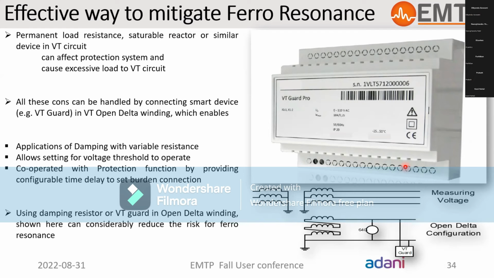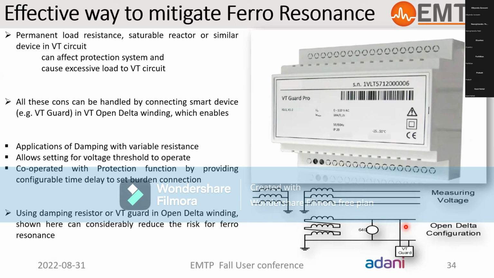So use of a damping resistor in the open delta connection of the auxiliary winding of three individual VTs is a simple solution that is mostly used, but it is not fully efficient in many cases because the resistance needed to efficiently damp the ferroresonance oscillations should be very small. But on the contrary, it draws too much current and causes excessive load to the VT.